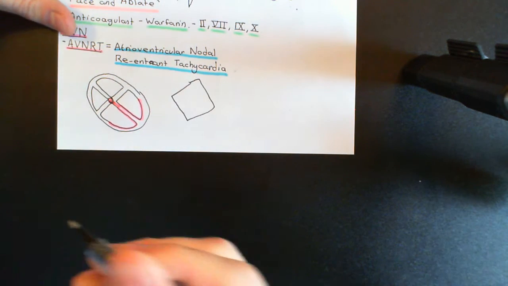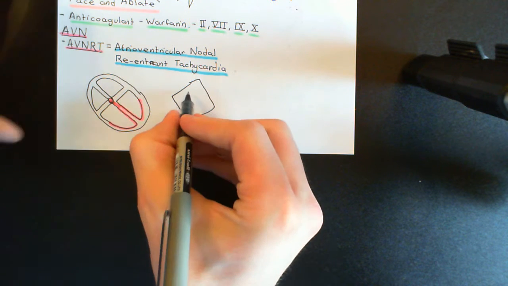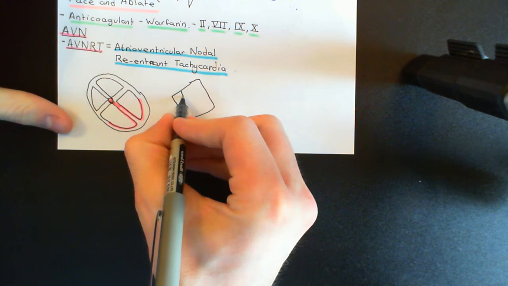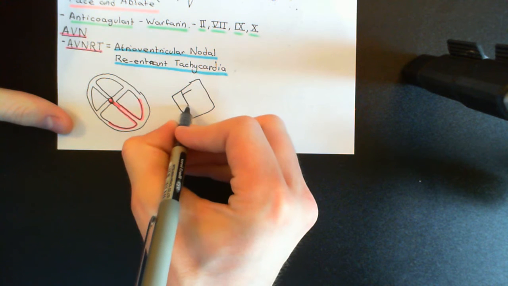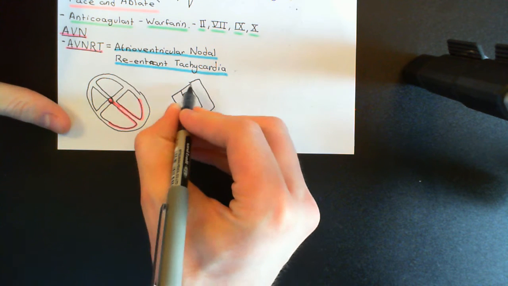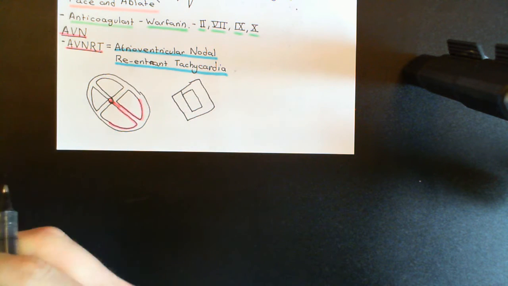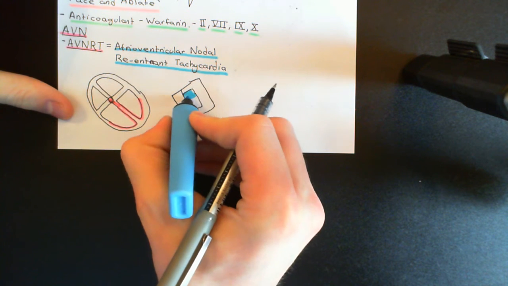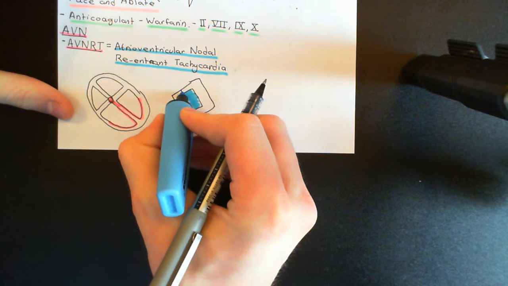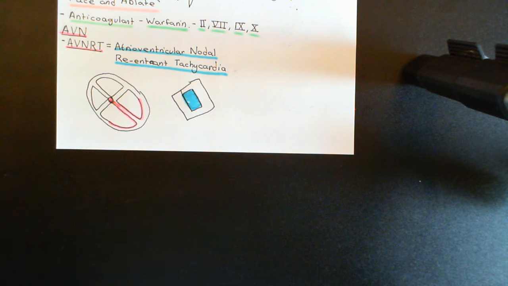Okay, this window through the atrioventricular septum, and let's say that there is some sort of scar tissue, well actually no, I'll have it like this, in the middle here, which now forms the possibility for a reentrant loop, for the electrical signal to go round and round this loop here. So let's say that all of this has been damaged, so that now we've got a reentrant loop formed around the atrioventricular nodal tissue. So there is the potential for a reentrant loop here.